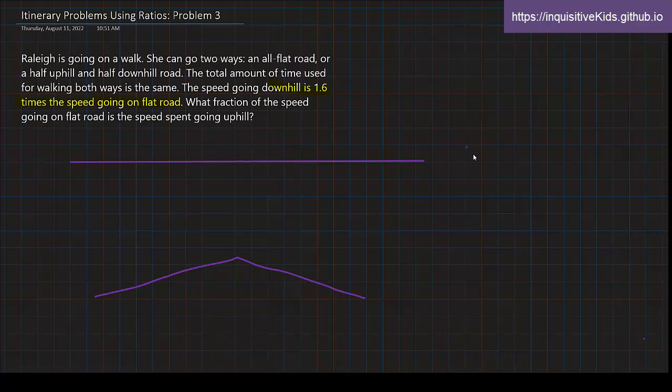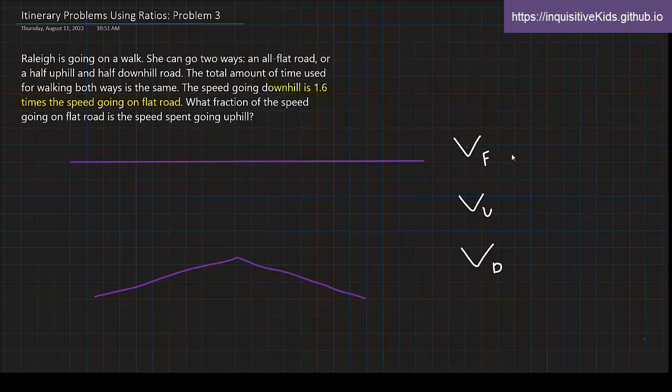So we have three different types of speeds. We have the flat speed, the uphill speed, and the downhill speed. Let's first set one of them, because we only have ratios here, so we don't know the exact numbers. In a lot of problems, when we have ratios and fractions, you know the relationships but not the actual numbers, you can just give them numbers, as long as they follow those relationships.